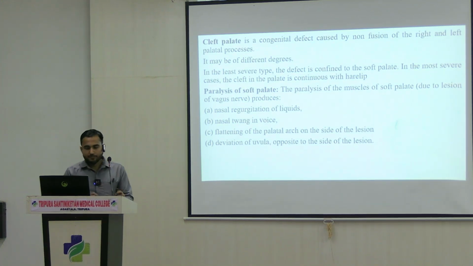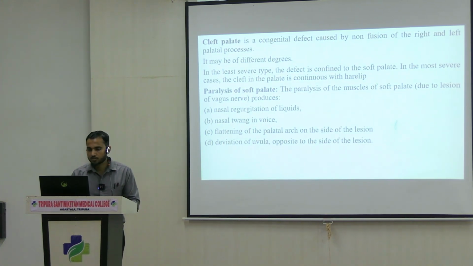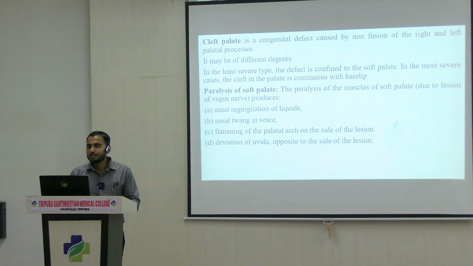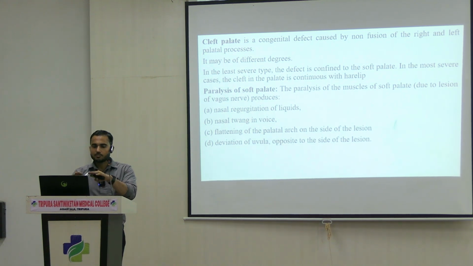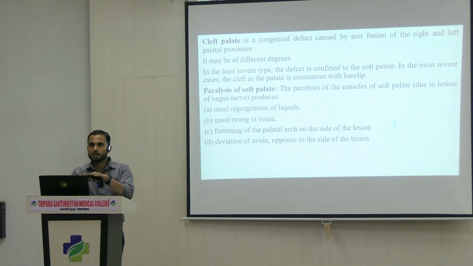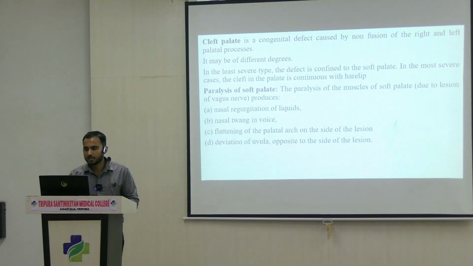Next, cleft palate. It is a congenital anomaly. It occurs due to non-fusion of the right and left palatal processes. If the right and left palatal processes do not fuse properly, we get a cleft palate. Different degrees of cleft palate are there.